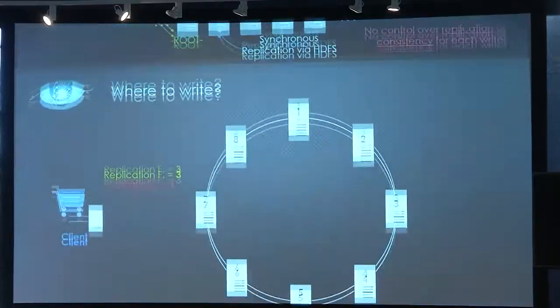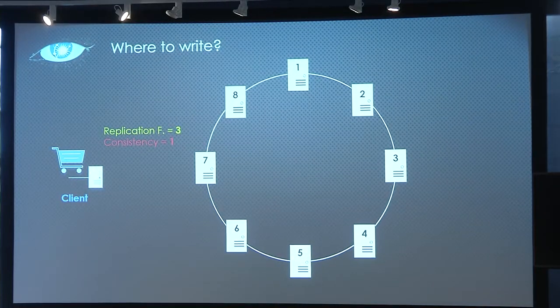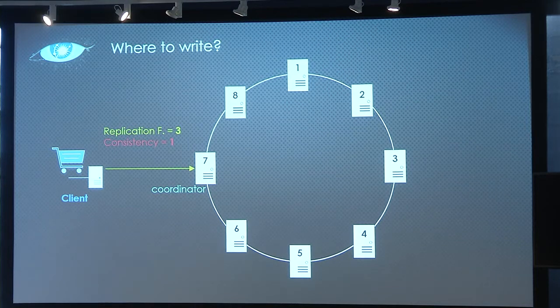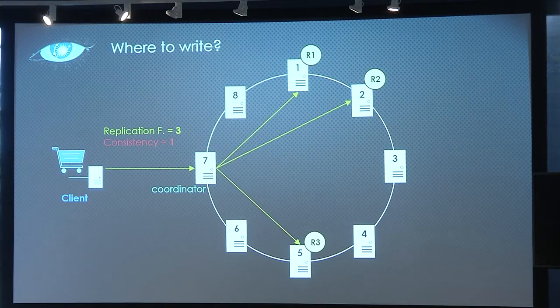And Cassandra is different. You guys have probably seen this before. In Cassandra, when the client does a write, let's say with replication factor 3, consistency level 1, the client will randomly pick a machine called a coordinator machine. It doesn't have to be 7, but it is in this case. And then the coordinator will say, okay, you want to write with the replica factor 3? Okay, I'll send it to 3 different machines.